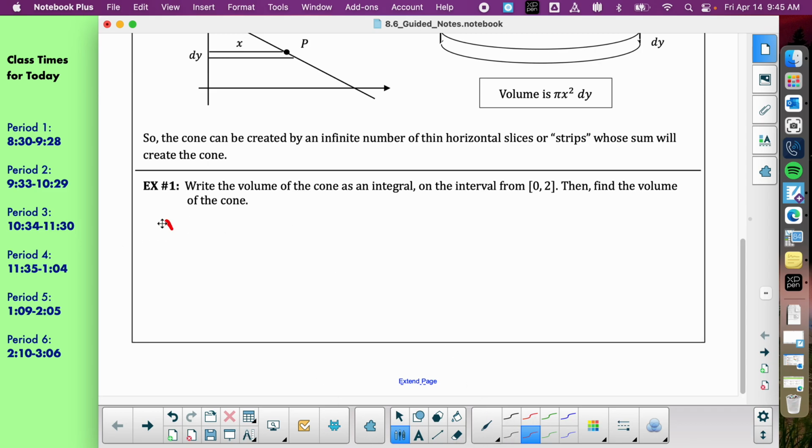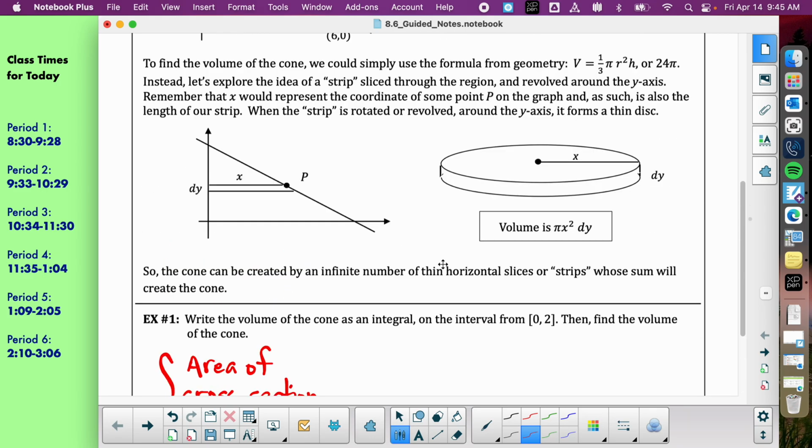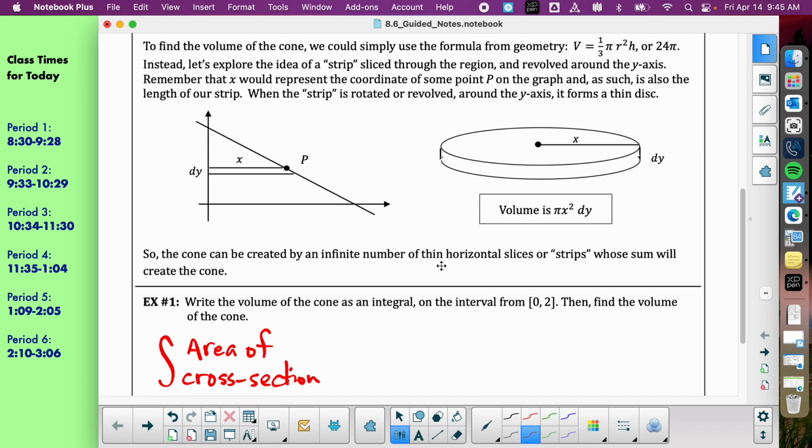Okay, so we want to integrate the area of the cross section. I'll just set it up like this to start with. Now, traditionally, a lot of people will draw the cross section. If you want to draw it directly on the picture, fine, go for it. Ours is drawn right above it.